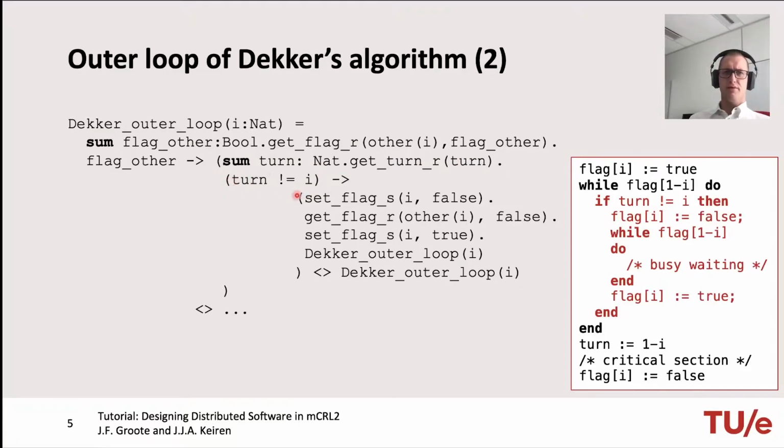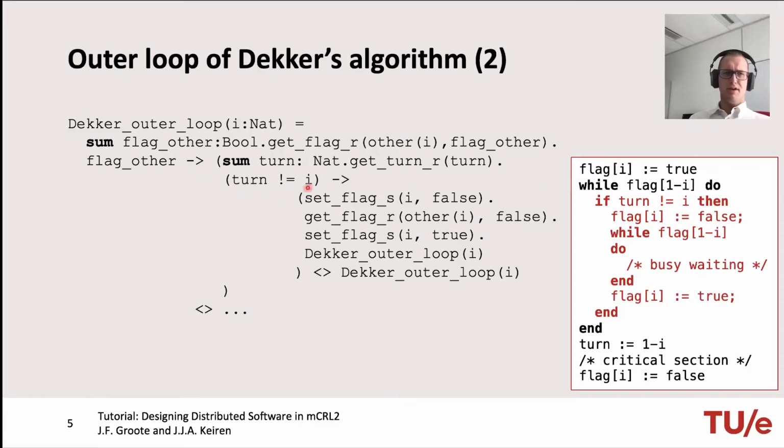If turn is not equal to I, so the condition of the if holds here, we need to enter the body. So similar to what we modeled before, we set the flag to false, model this busy waiting loop, waiting until the flag of the other process becomes false, and then finally set the flag to true. And then we repeat, so we jump back to the beginning of the loop, and we can recheck the condition.